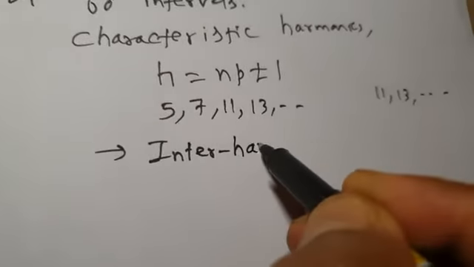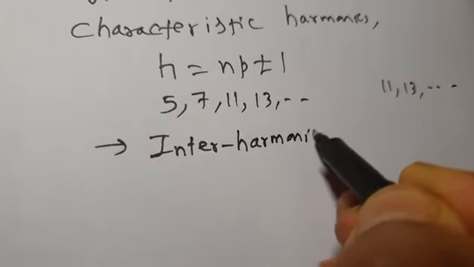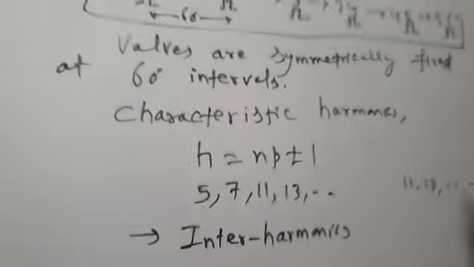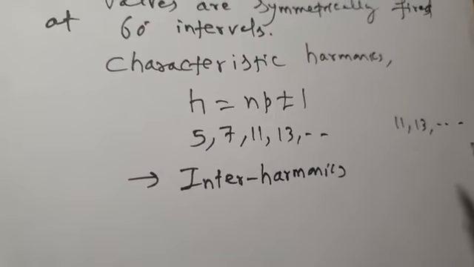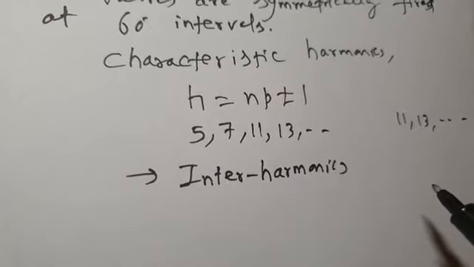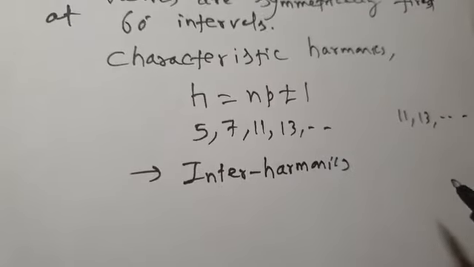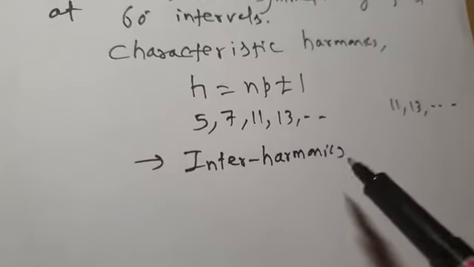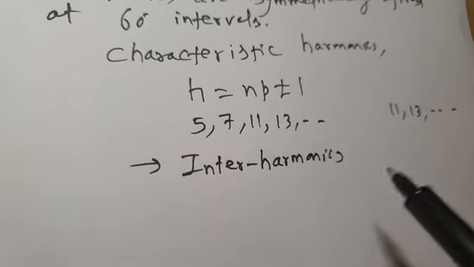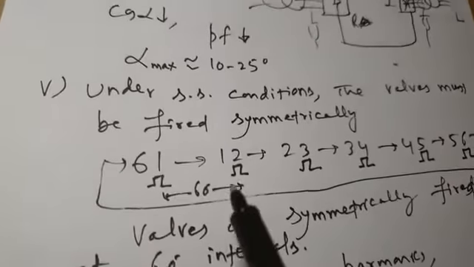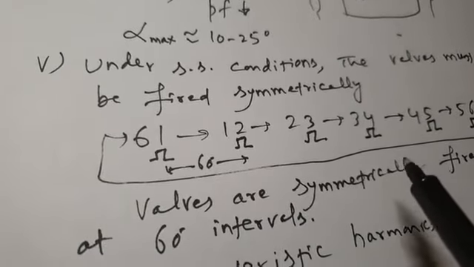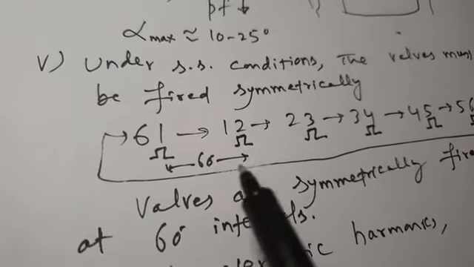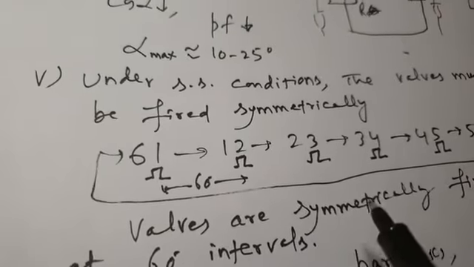Interharmonics are those harmonics which are other than characteristic harmonics, and interharmonics will increase the overall harmonic content in the current drawn by your converters, and the total harmonic distortion, THD, of the current will increase. So to avoid that situation, we always prefer to fire the thyristors symmetrically at 60 degree intervals, even during mal operations like arc through, misfire, and commutation failure.